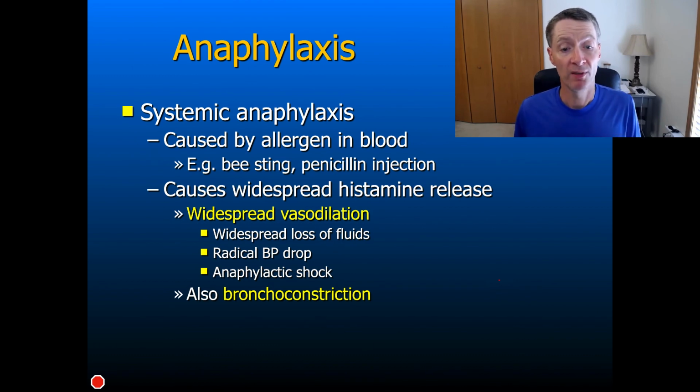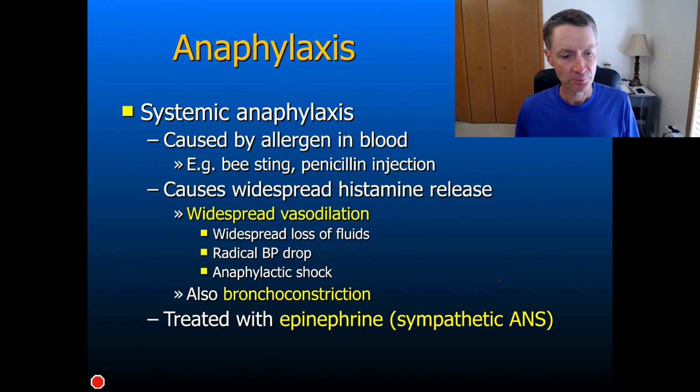Unfortunately, paired with this is often a bronchoconstriction. So this is kind of a double whammy, right? Not only are you not properly circulating fluids to all these tissues, the blood pressure is not going to be pushing things out to the tissues like you need, but you're going to have constriction of the airways. So oxygen won't be able to get into the bloodstream because of that.